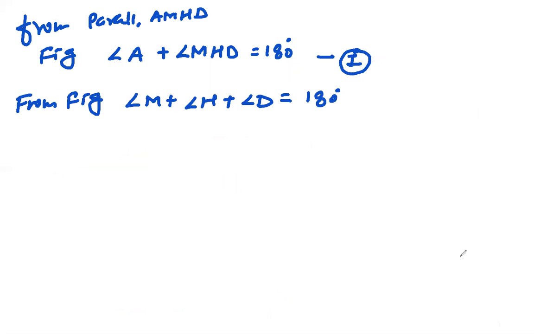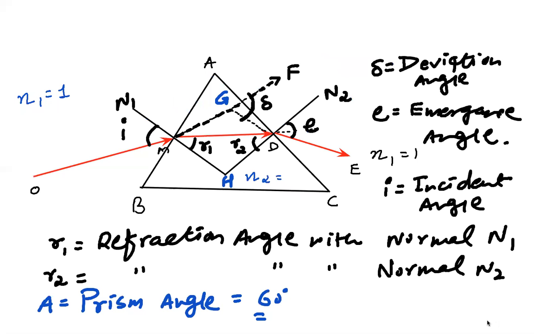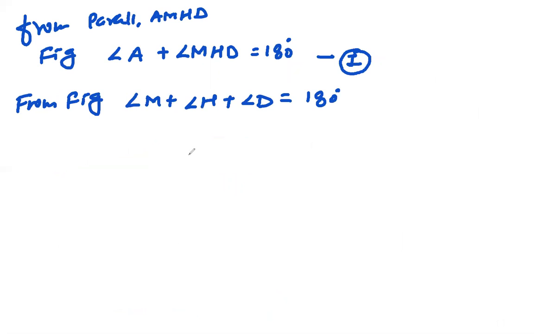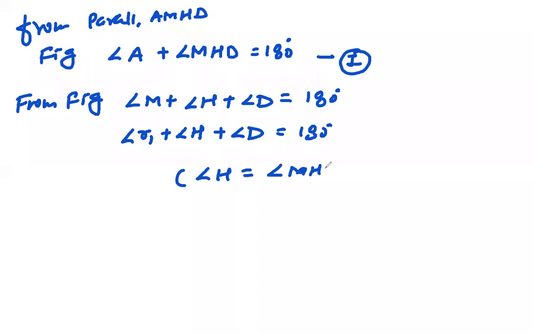But I am aware from the figure that angle M is R1 and angle D equals R2. So let's say angle M is R1, angle H I am putting as it is, or you can say MHD as well, you can place either, plus angle D equals 180 degrees, where angle H can be called angle MHD.